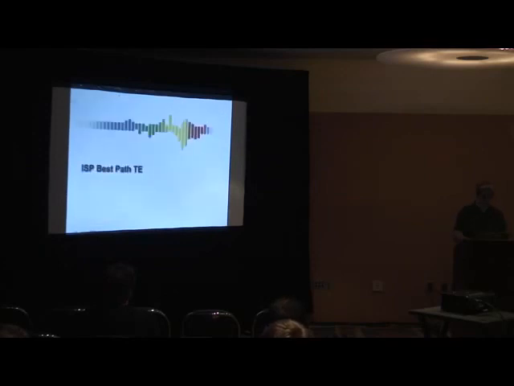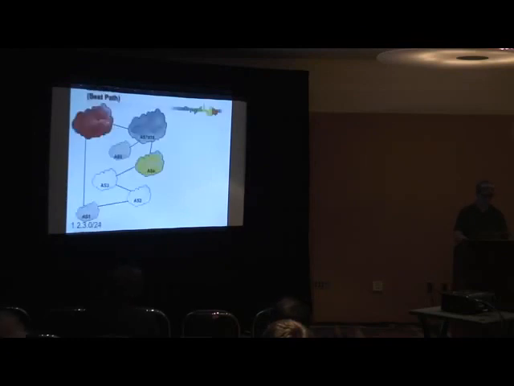So let's take a look at some of these in the real world. ISP best path TE. In this case, we've got AS1, and you can imagine that AS1 is some community college, for example, and AS1 is getting transit from AS701 and from AS2. You can imagine AS2 is a local university with which they have a relationship. And AS2 is getting transit from AS3.